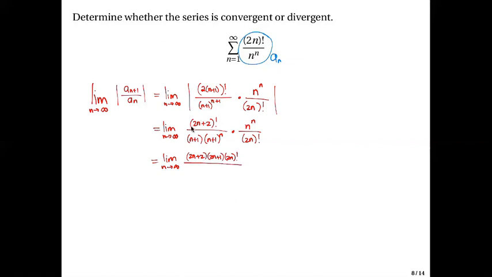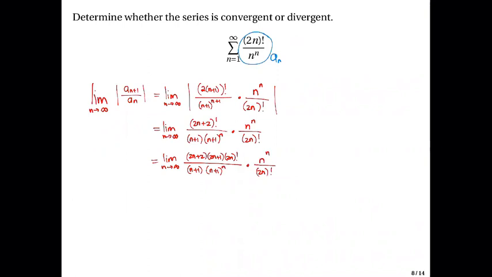So, yan na yung 2n plus 2 factorial. So, denominator, you just have n plus 1 times n plus 1 raised to n. And then, here you have n to the n over 2n quantity factorial.